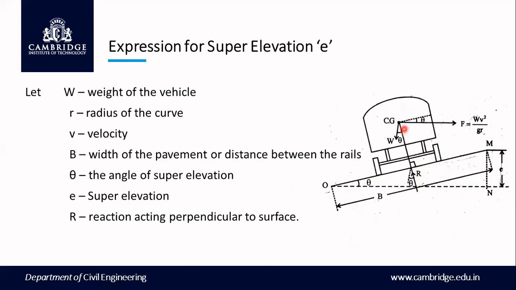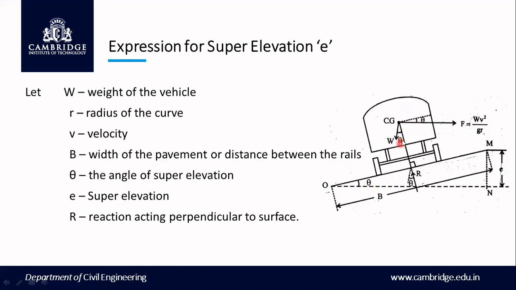And we also have this radially outwards acting centrifugal force, F is equal to WV square by GR. Since the surface is elevated by an angle of theta, all these will have an angle of theta.